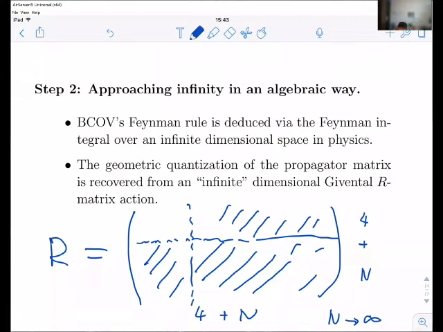Roughly speaking, it only contributes to the ambiguity part, that is, the polynomial of degree 3g minus 3 in X. And what is more important is that we found when n goes to infinity, this part goes to the propagator matrix P. So we recover this propagator matrix from the R matrix that appears in this localization of the 0-1 theory.